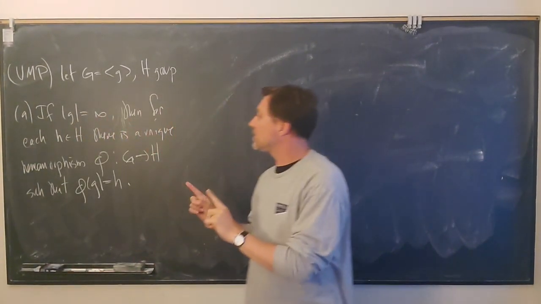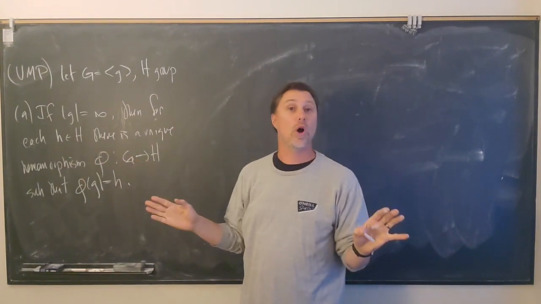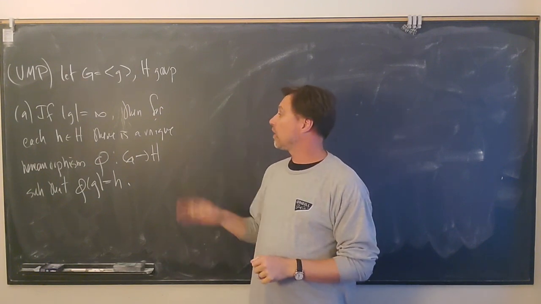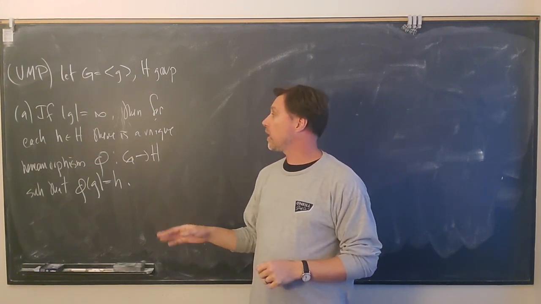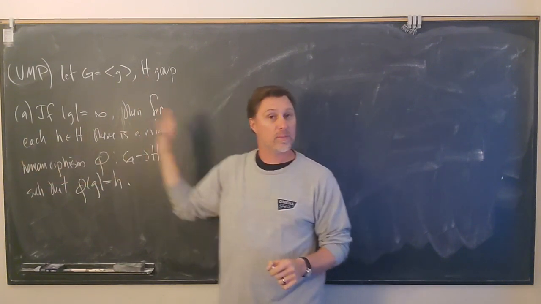So what that does is it tells us that for every element of capital H we get a new homomorphism, and that is it. So you can say that there's essentially a one-to-one correspondence between elements in capital H and homomorphisms from G to H.